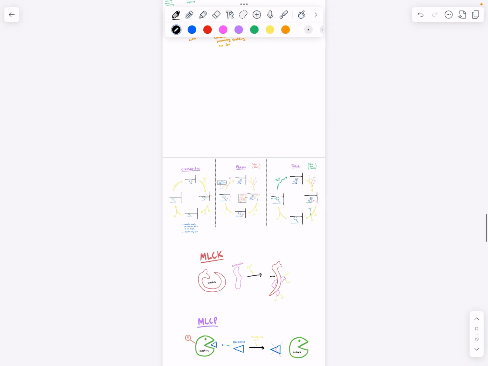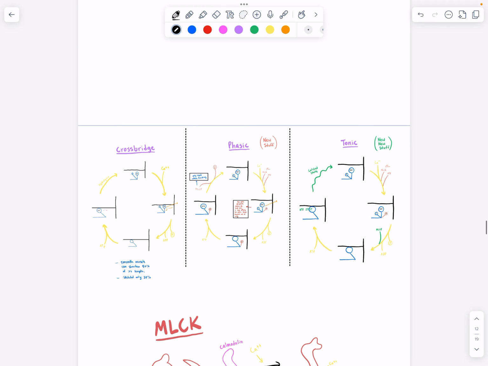So when talking about smooth muscle, we're going to compare and contrast this cross-bridge cycle. As we saw in this cross-bridge cycle first, we're going to be using that as kind of a base point to explain.